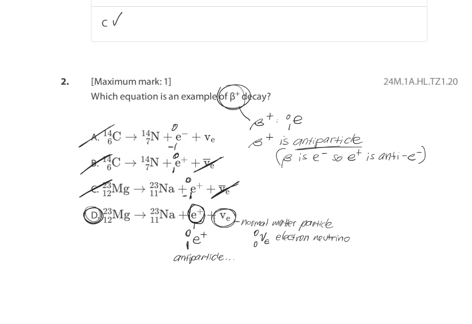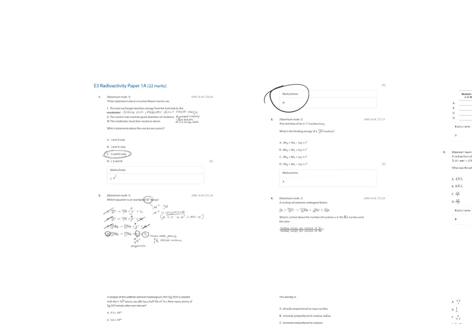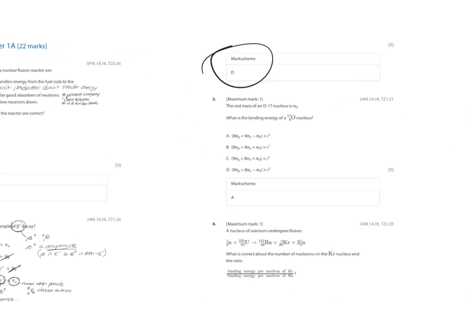Because we made an antiparticle, we need to make a normal matter particle to go with it. And 2 is D. That does agree with the marks.